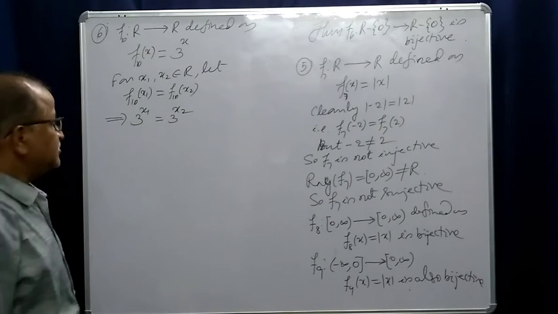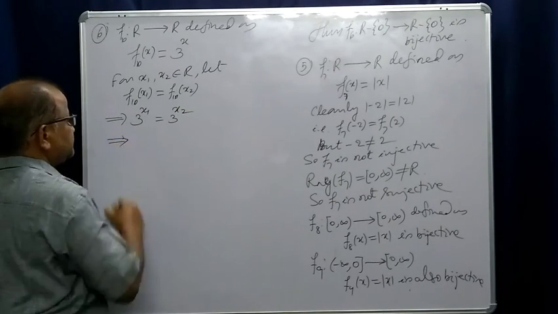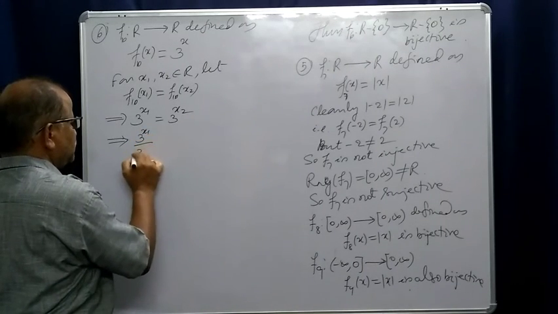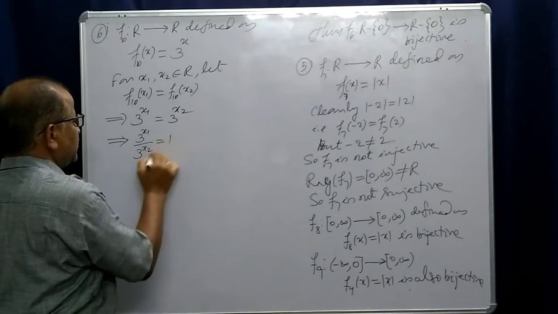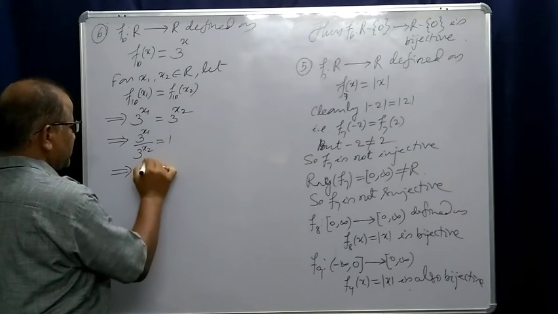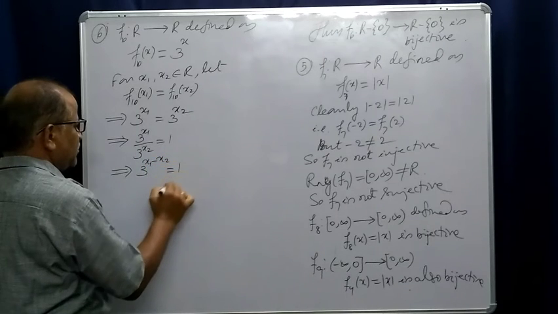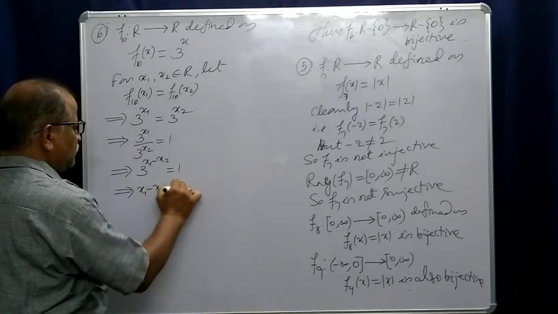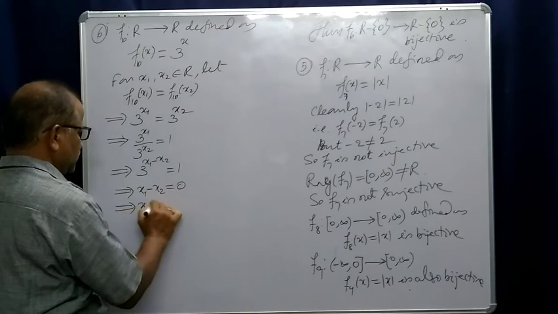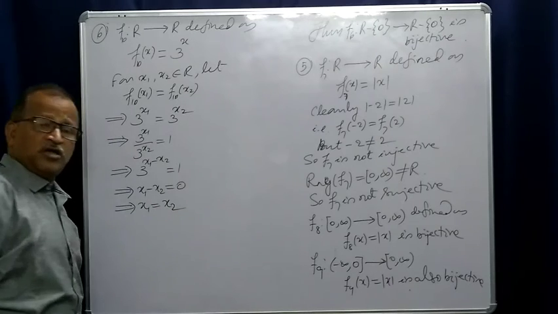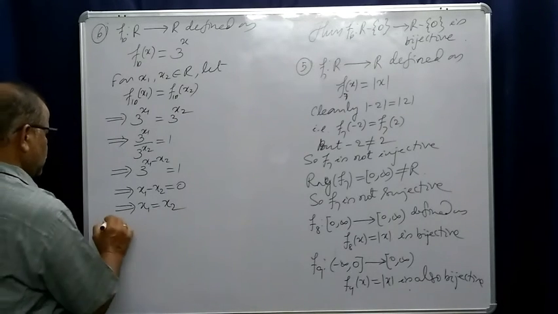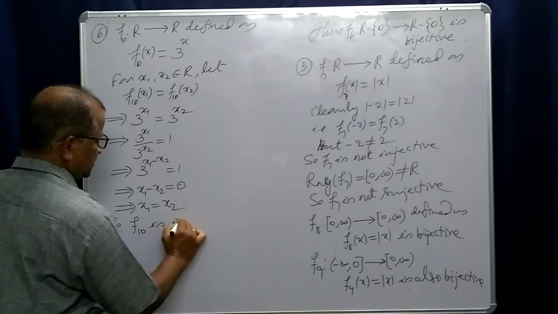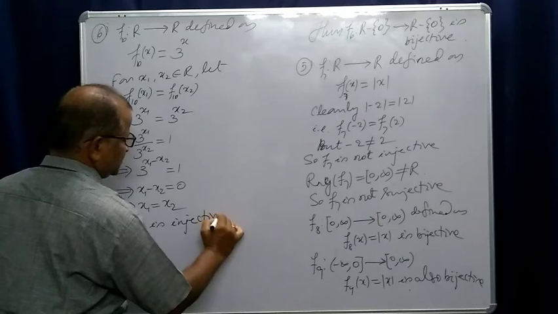This implies 3 to the power x1 divided by 3 to the power x2 is equal to 1. This implies 3 to the power (x1 minus x2) is equal to 1, which means x1 minus x2 must be equal to 0. So we have x1 is equal to x2. So f10 is injective.